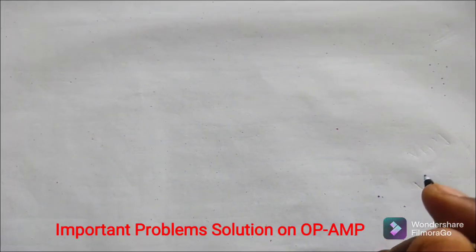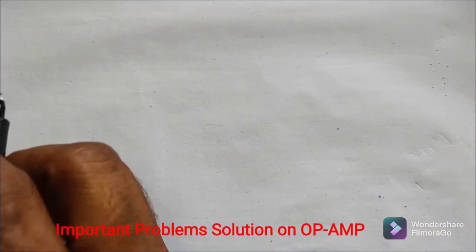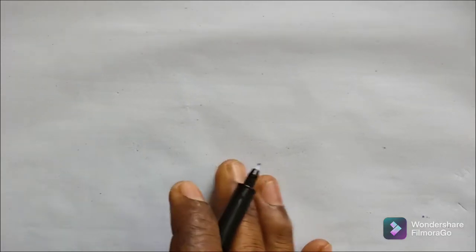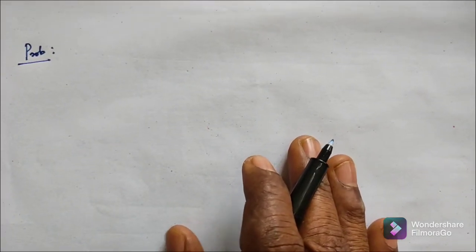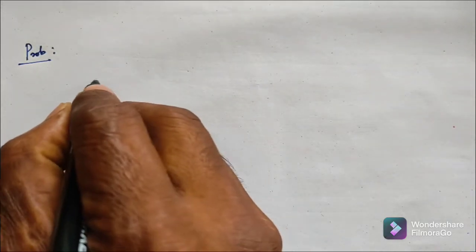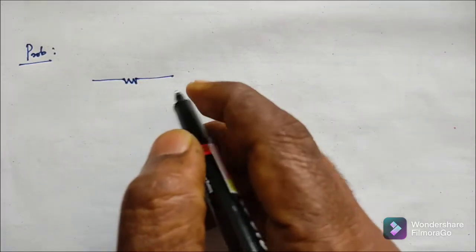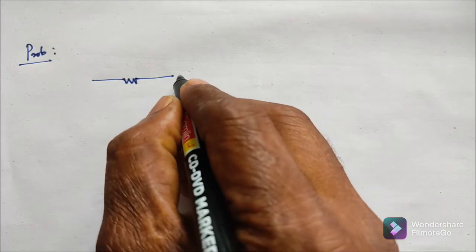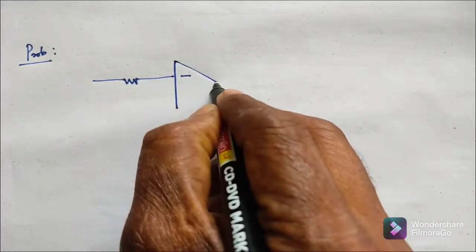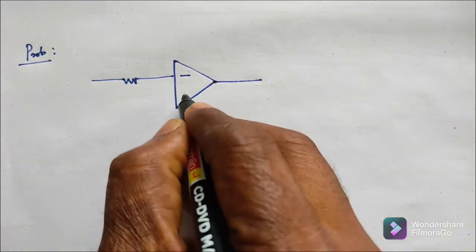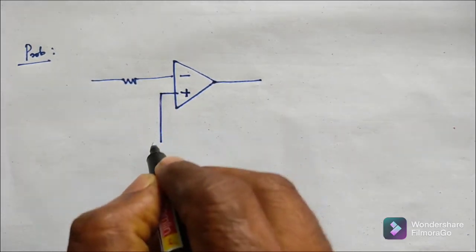Hi friends, now we are going to do one problem on operational amplifier. You have an input resistance connected to the negative terminal of the operational amplifier, and the positive terminal is connected to ground.